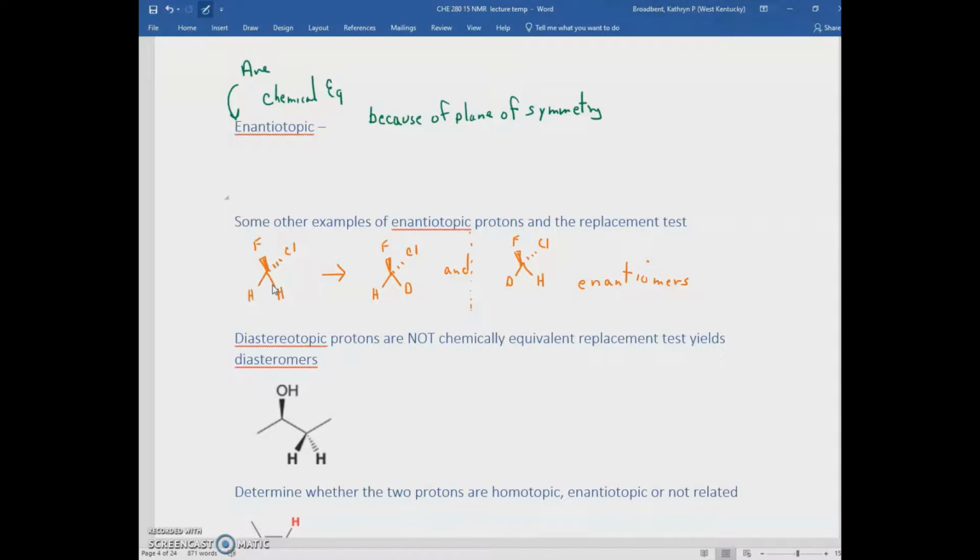Diastereotopic protons are not going to be chemically equivalent, and the replacement test will lead to a diastereomer.